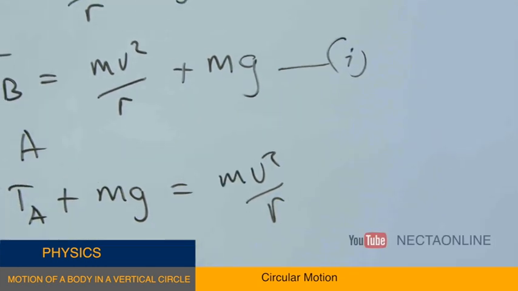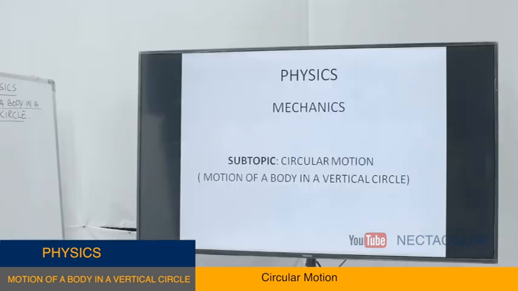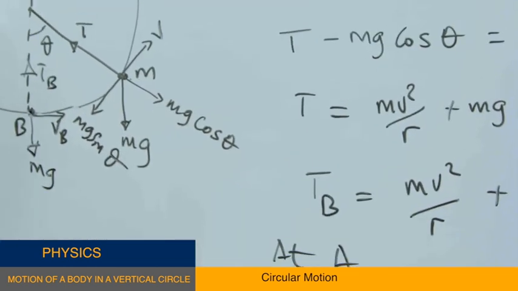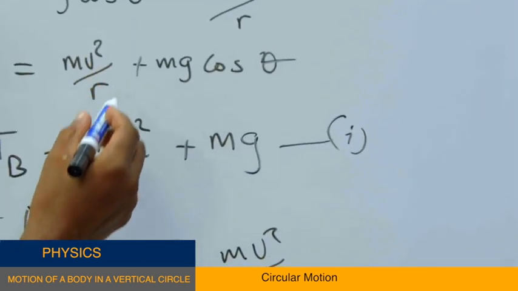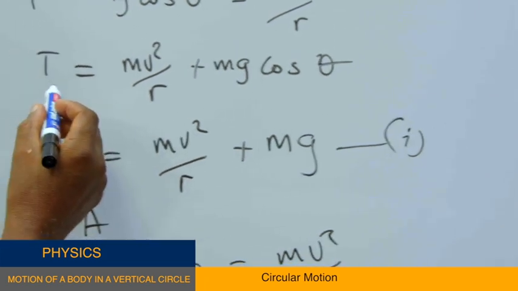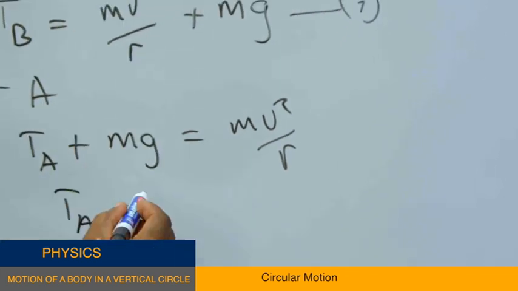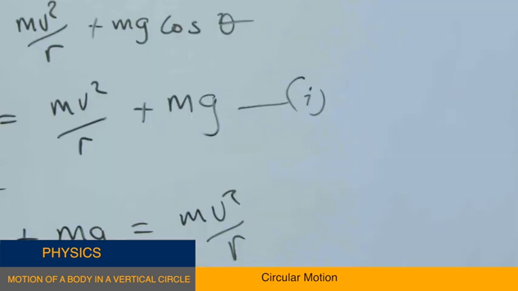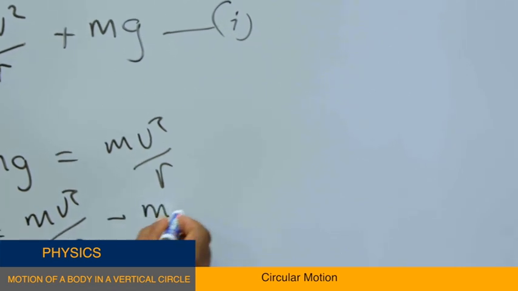And actually, if you go back even to the same equation as this, whenever the body is at the top there, the angle theta there is 180. So the cosine of 180 is -1, and therefore, if we substitute the value for this particular expression to get the tension at point A, this will just be equal to mv squared over r. Now cos theta is cos 180, which is -1, so instead of plus mg, it will be minus mg.